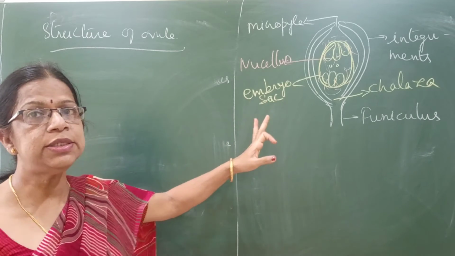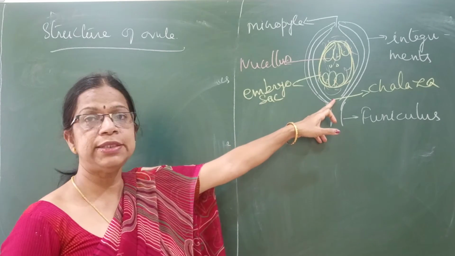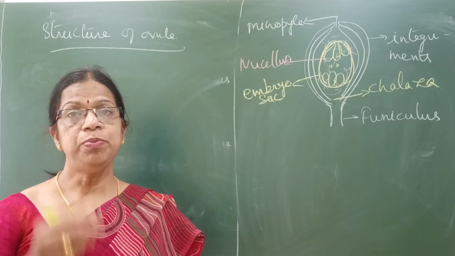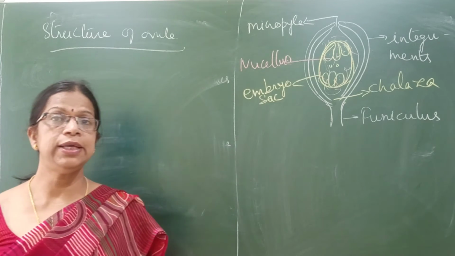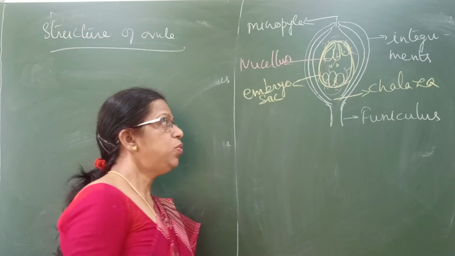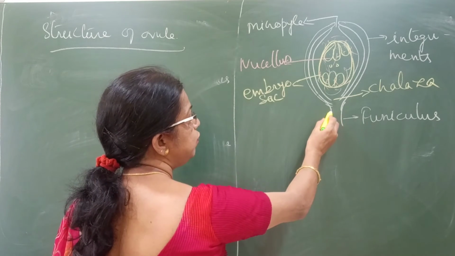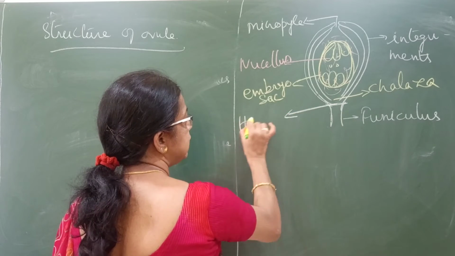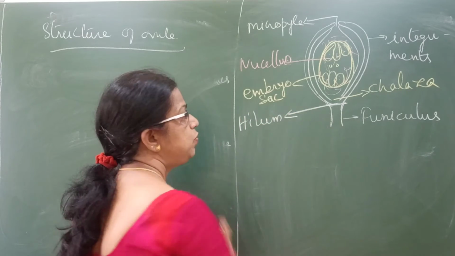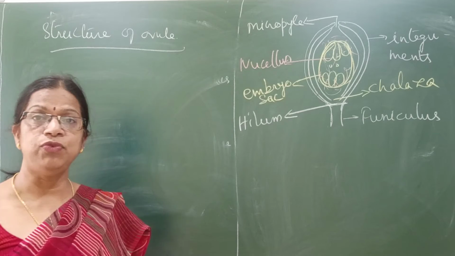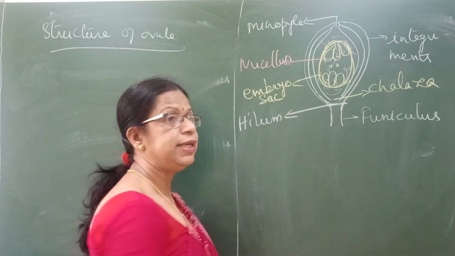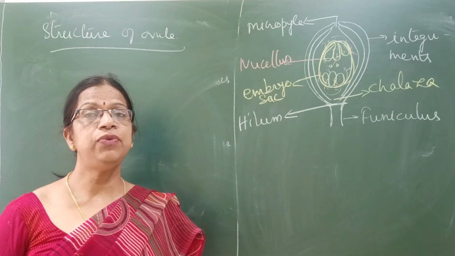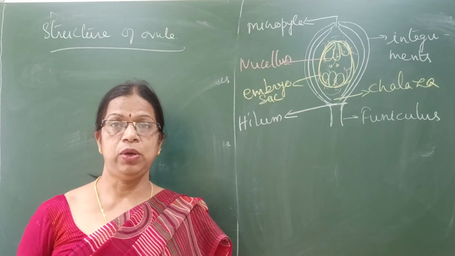The vascular system from chalaza enters into the rest of the ovule. So the base of the nucellus is called a chalaza. Then there is one more part between funiculus and body. This junction is called a hilum. Between the funiculus and body of the ovule, the junction which is present is called a hilum. So these are the different parts of the ovule.